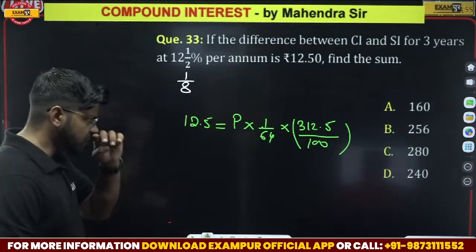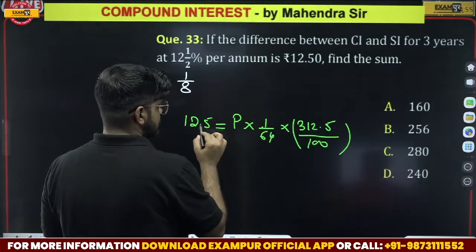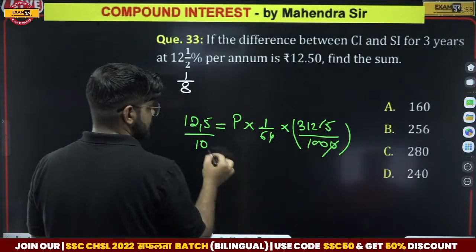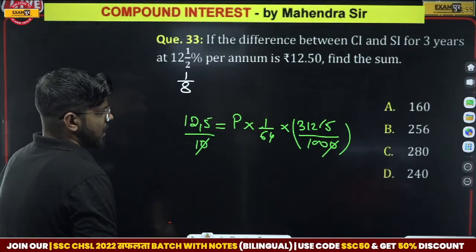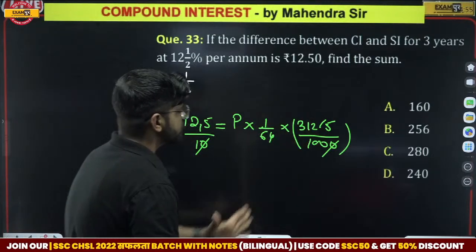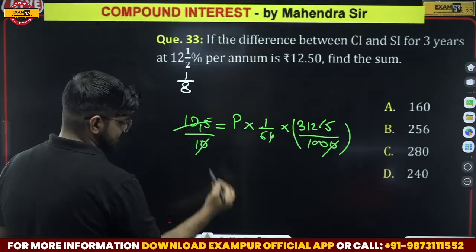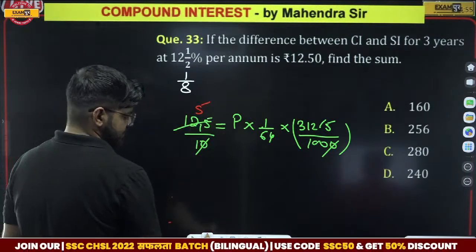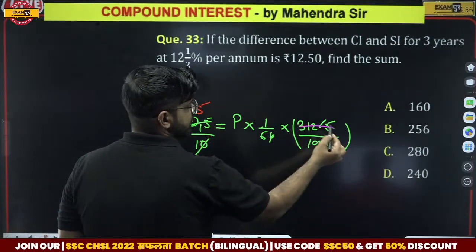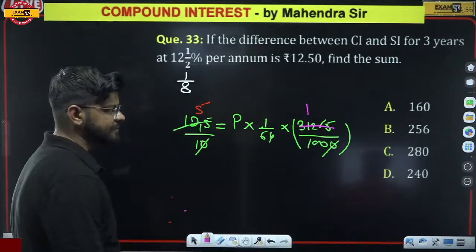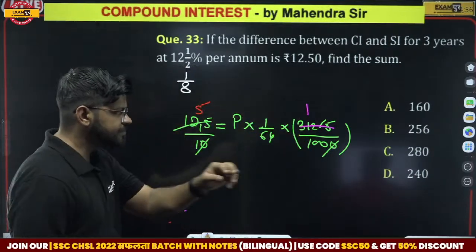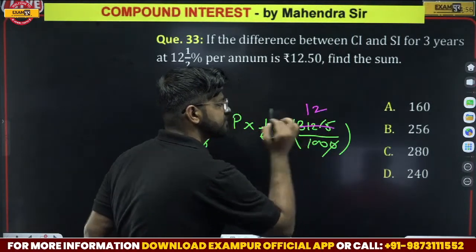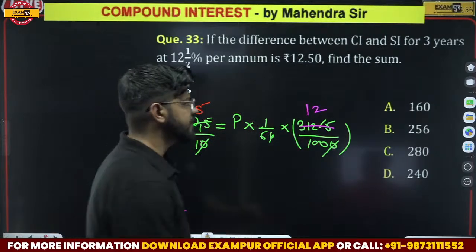We can calculate easily. Here we will get 10 and here we will get 10. These 10s will get cancelled out, and we can cancel it out by 25. 25 5s are 125, 25 1s are 25. Clear? And again what we will get here? 25 2s are 50, 12 125.